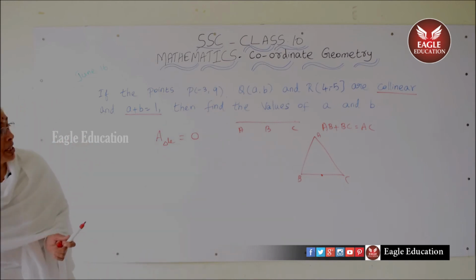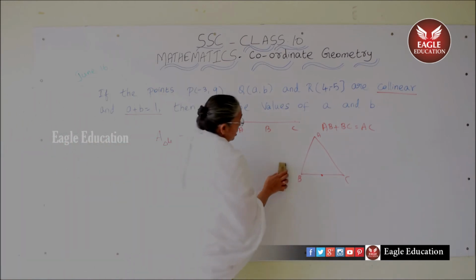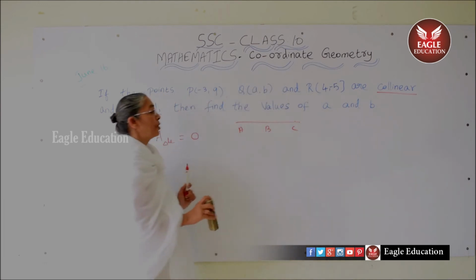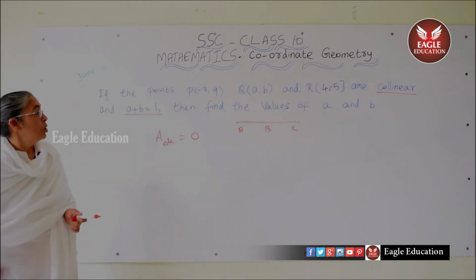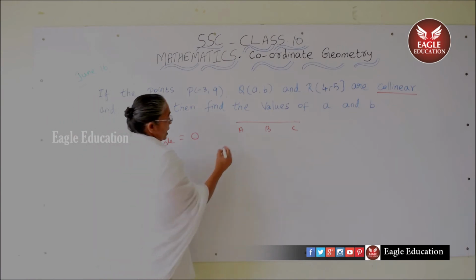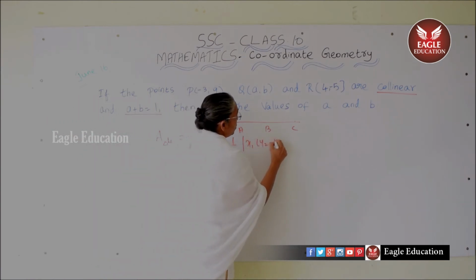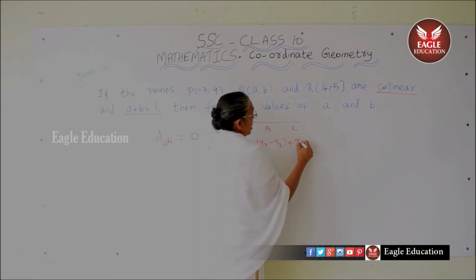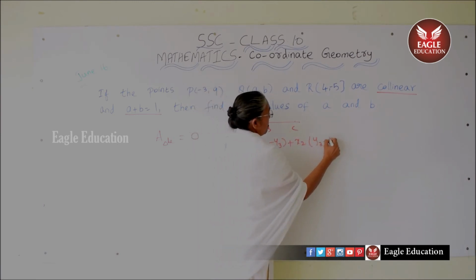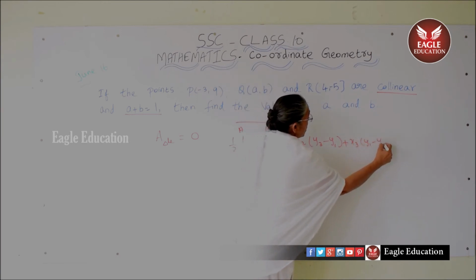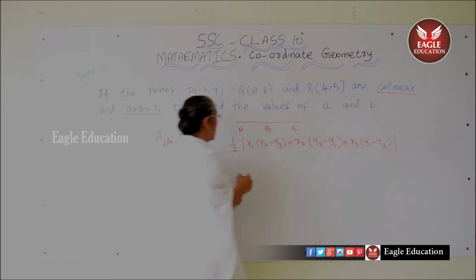So, using this condition, we are going to find the values of A and B. We discussed already the area of triangle formula, which is half mod of x1 (y2 minus y3) plus x2 (y3 minus y1) plus x3 (y1 minus y2).